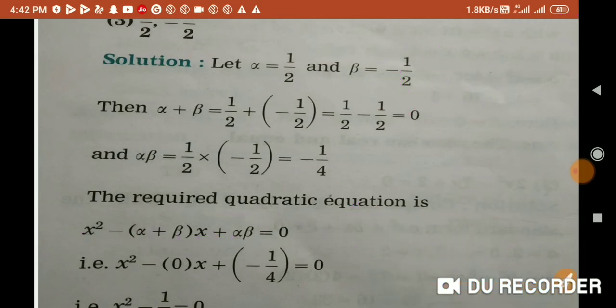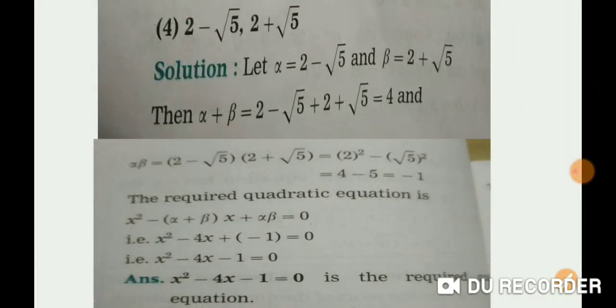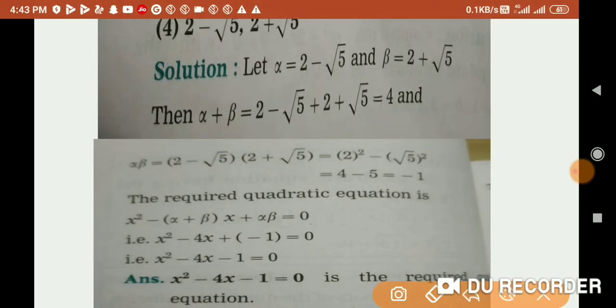Understand? Now see the last example. In this last example, there are two values, that means 2 minus root 5 and 2 plus root 5. These are the values of alpha and beta. Now first find alpha plus beta. Value of alpha is 2 minus root 5.